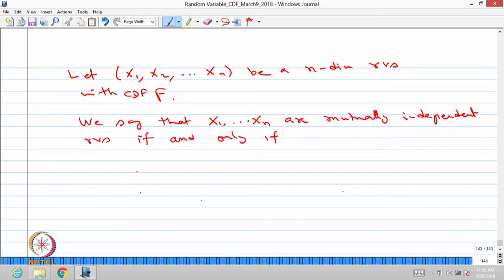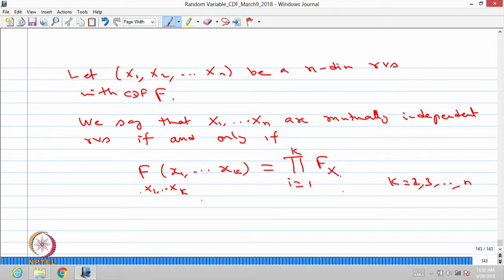you take any fewer random variables, k for k equal to 2, 3, and so on till n, the joint CDF of those k random variables is the same as the product, i equal to 1 to k, of the CDFs of those random variables.